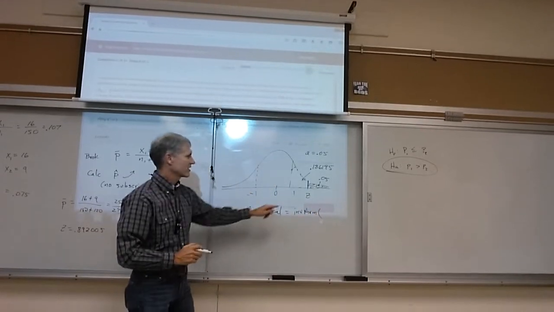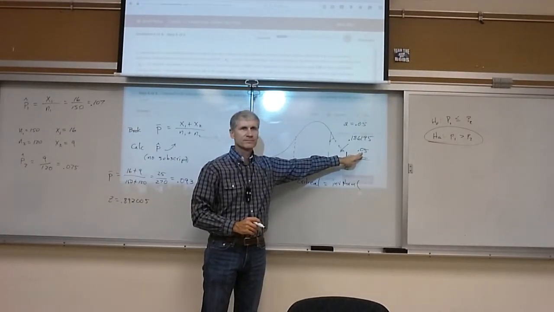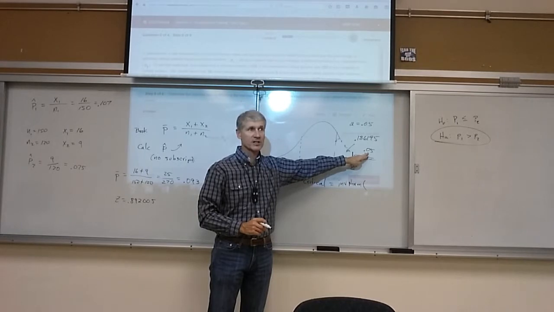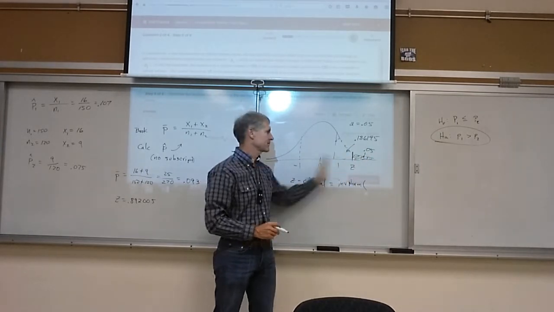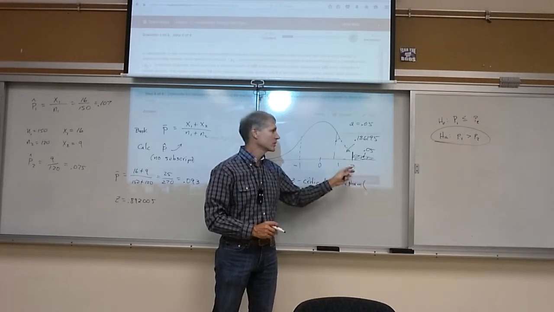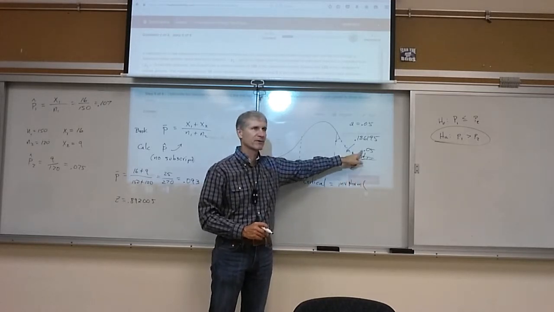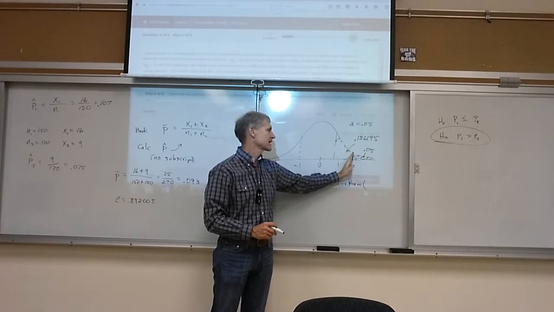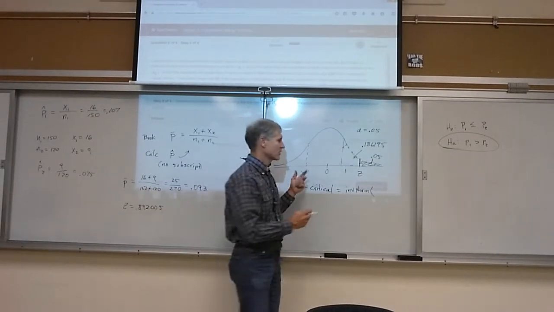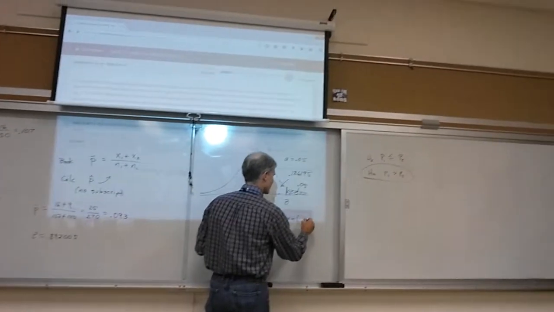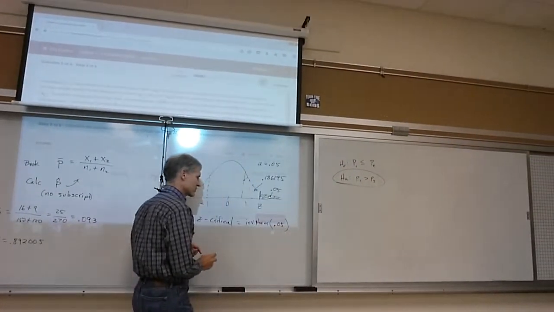Now you can enter alpha. If it's a one-tailed test, you just enter alpha, but it's going to give you a negative number, and then you just ignore the negative if it's a right-tailed test. Or you can put in 1 minus alpha, or 0.95, because that's what area is left of it. Right? So either one. So I'm just going to do the 0.05, so I don't have to do the subtraction.